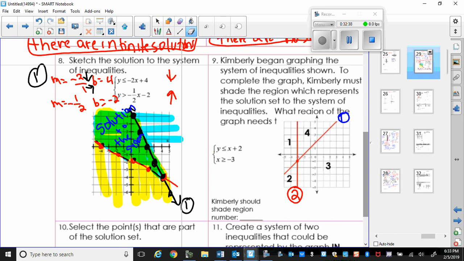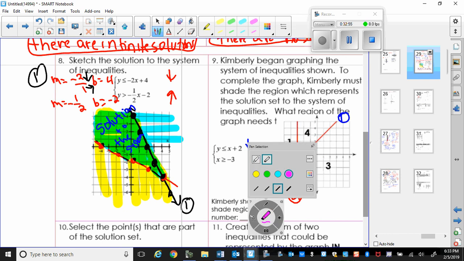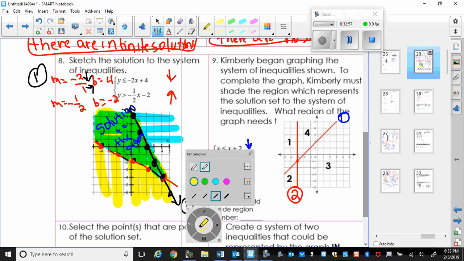How do we want to shade? We're going to shade one at a time. This time, I'm going to use the blue pen to denote my shading. So equation number 1, I'm shading below the line. Actually, I'm going to highlight yellow below this line.